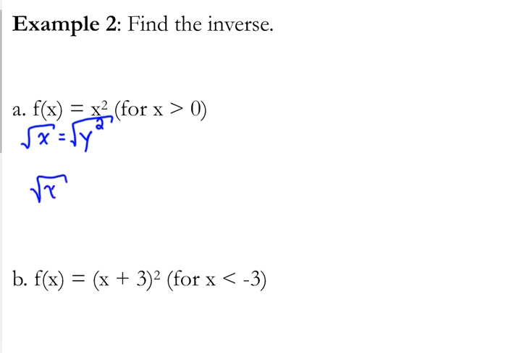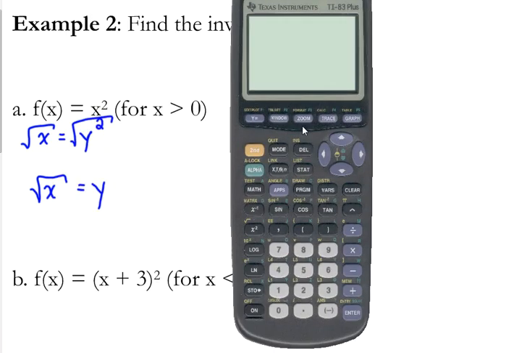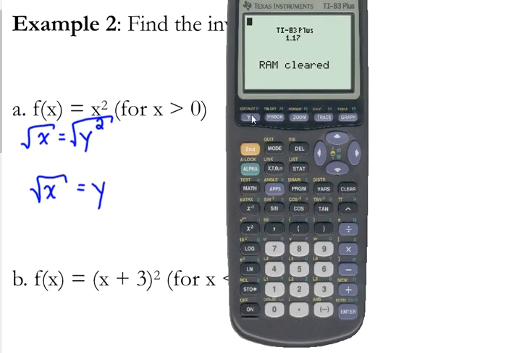So we've got the square root of x is equal to y, because we took the square root of y squared. That just gives us y. So we're where we need to be. But if we include the plus and the minus, let's graph this: the square root of x and the negative square root of x. So that's the plus and minus square root of x.